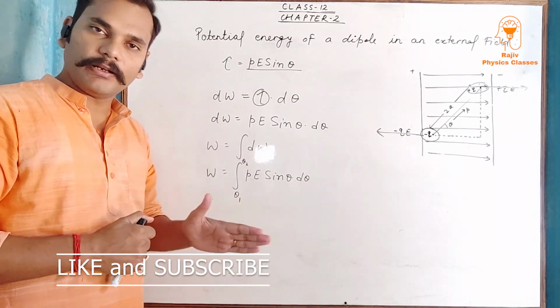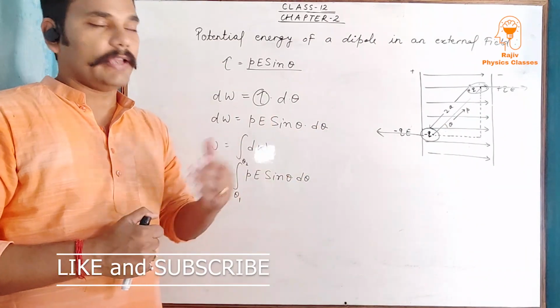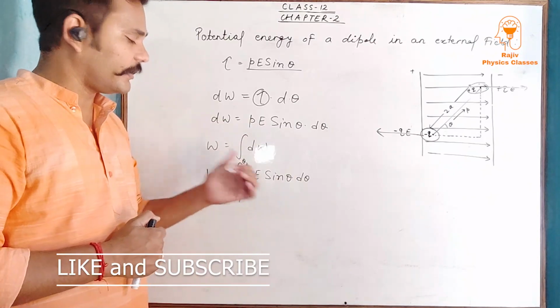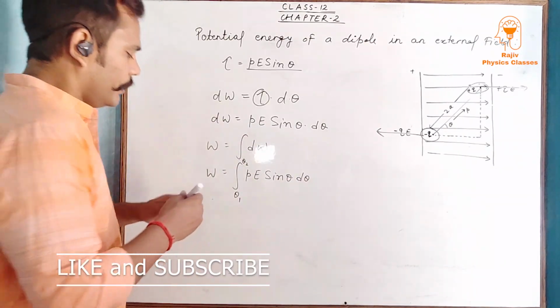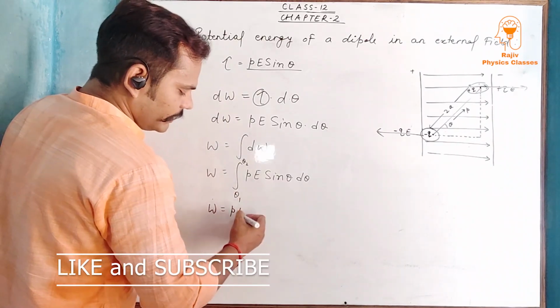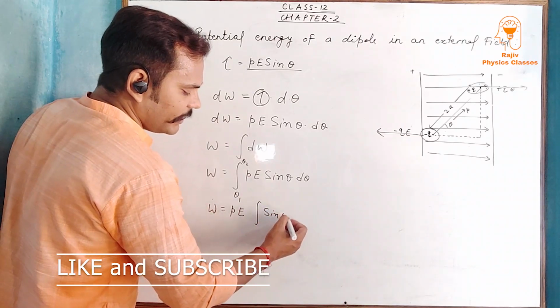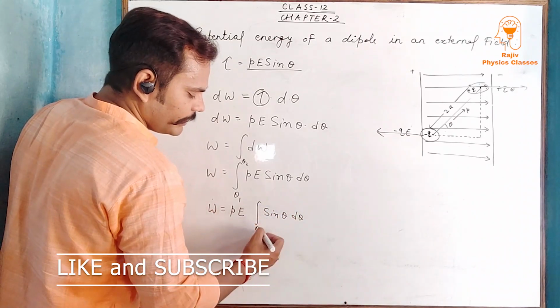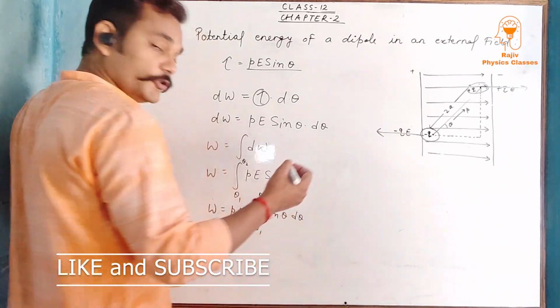Earlier the angle was theta 1, so the initial limit is theta 1, and after the rotation the angle is changed, and the new angle is theta 2. What is P? It's a constant value. E, the uniform electric field, is also constant. So we integrate sine theta with respect to theta by putting the limits theta 1 to theta 2. Now you should know integration.